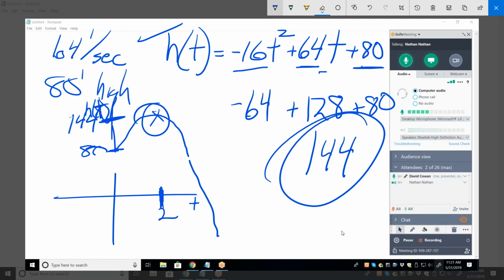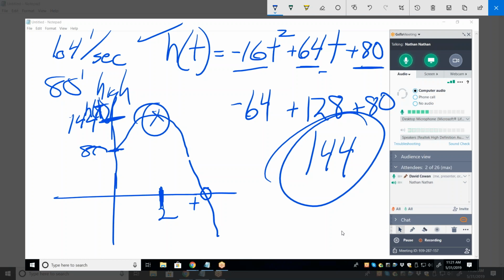You weren't asked this, but frequently you will be asked as to when the ball hits the ground. What is that measurement right there on the t-axis? And that's just an x-coordinate.